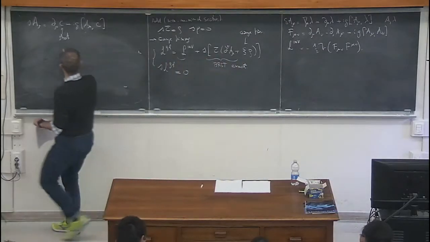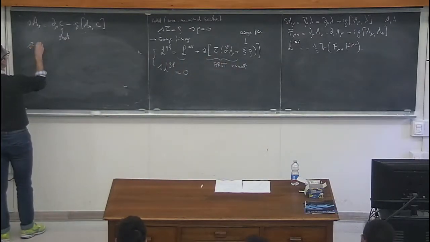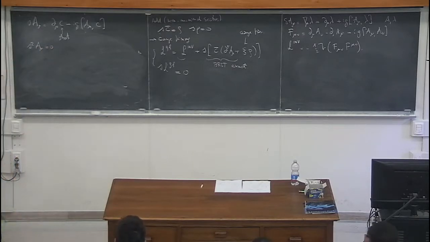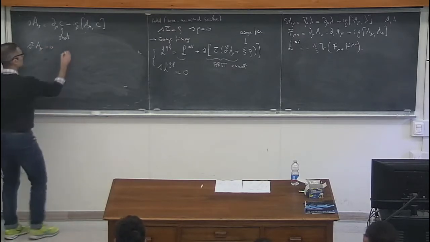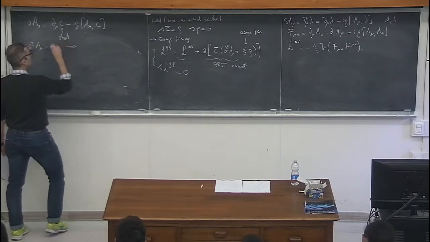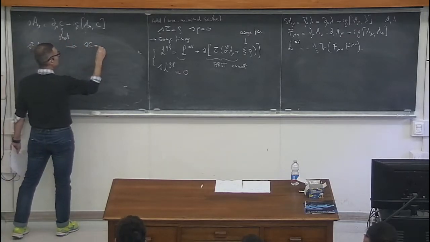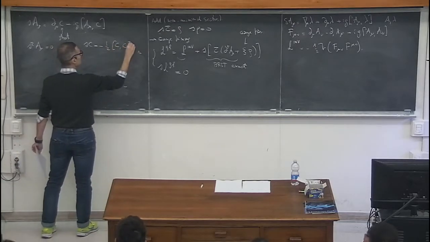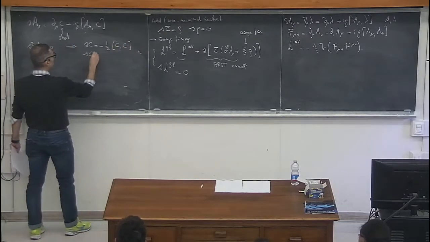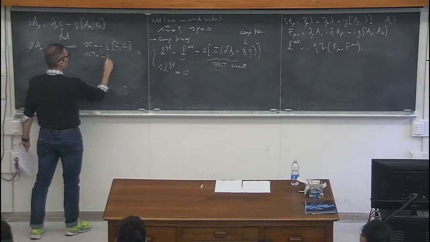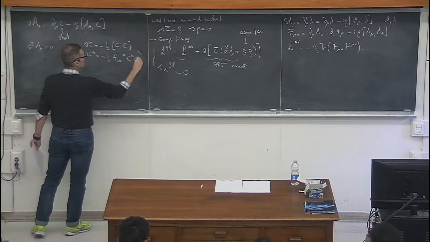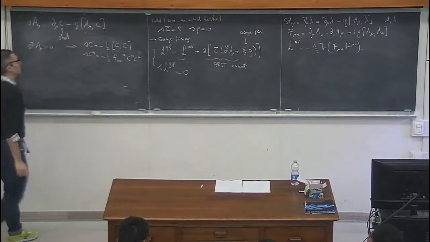And then we checked last time that in order for this operator S to be nilpotent, we need a non-trivial transformation for this. So S of c is equal to minus half, and here I can write it this way, c, c. Last time I wrote it with just indices, which is just minus half f^A_BC c^B c^C in this way.